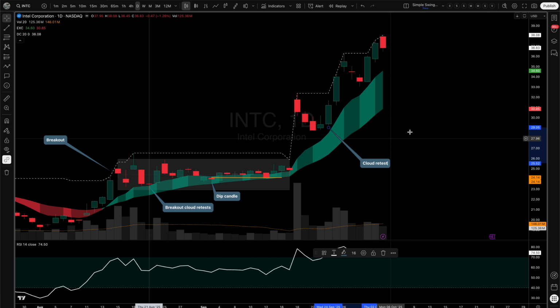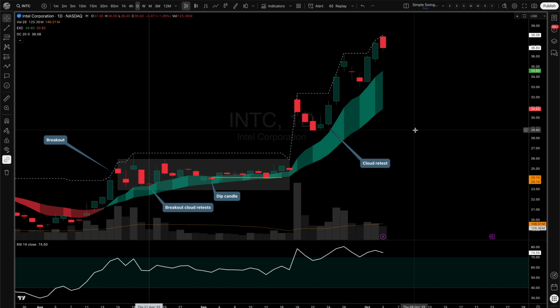One thing about cloud entries is, in hindsight view, looking at these, the EMA cloud might have been much lower intraday until this thing closed up here. So just because you can see it here doesn't mean that that's where the value of the EMA actually was. So you have to use some discretion there.